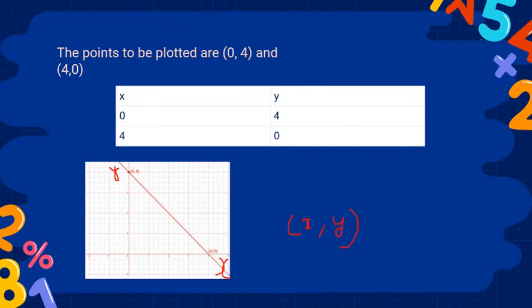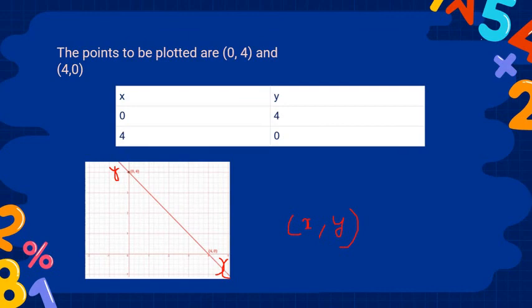And here we can say (4, 0). Then put a straight line, that is, join these two points (0, 4) and (4, 0). You will finish this problem.